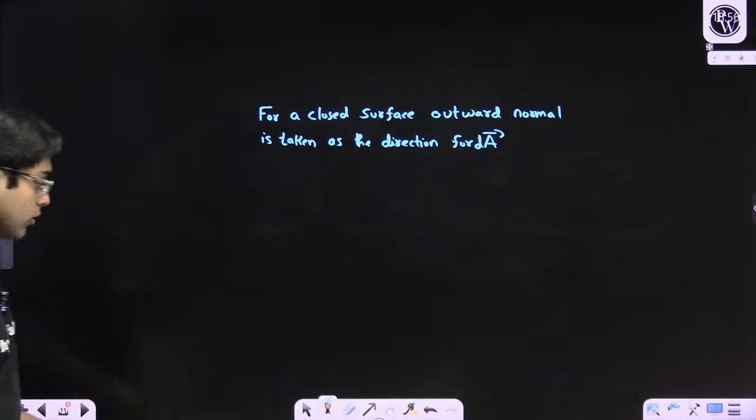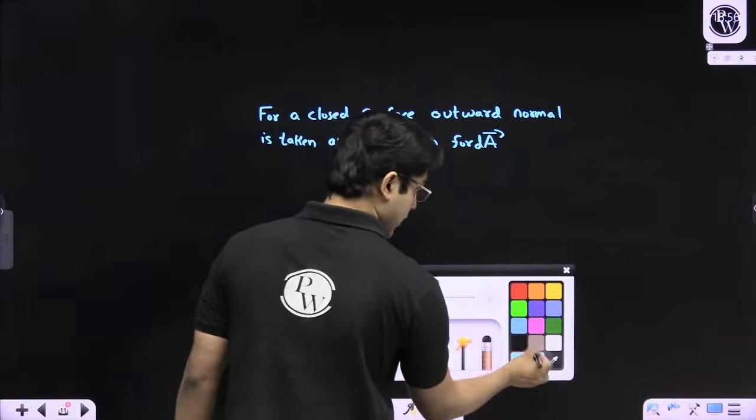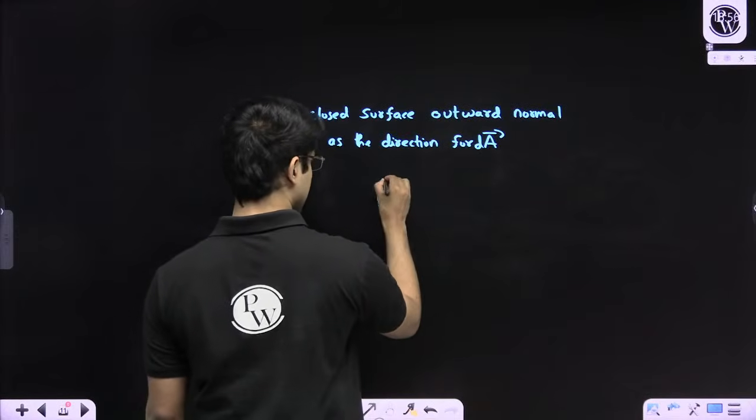So basically what that means is, let's take the example of a cylinder itself.